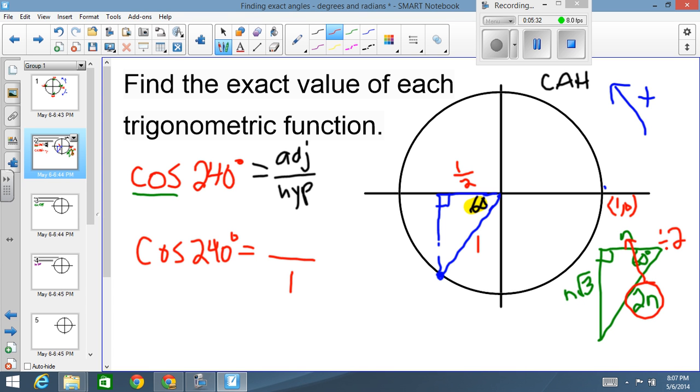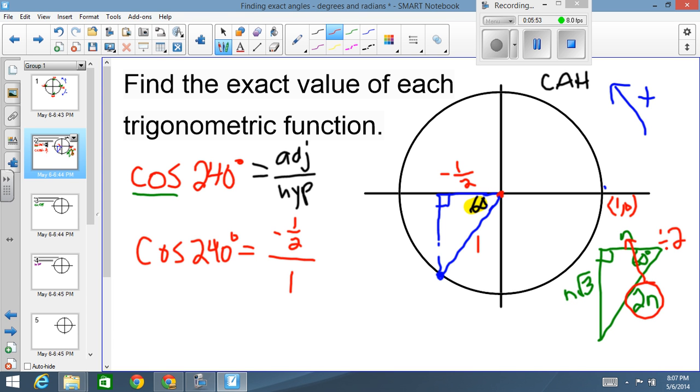Okay? Now here's the thing. Think about the fact that we're starting at the origin and we're going to the left. This is actually a negative 1/2. That's a negative 1/2. So my adjacent side now is a negative 1/2.